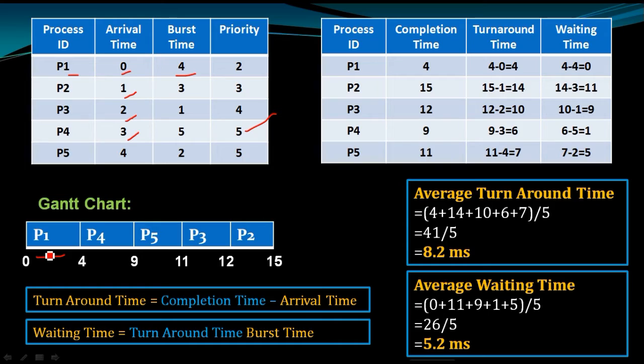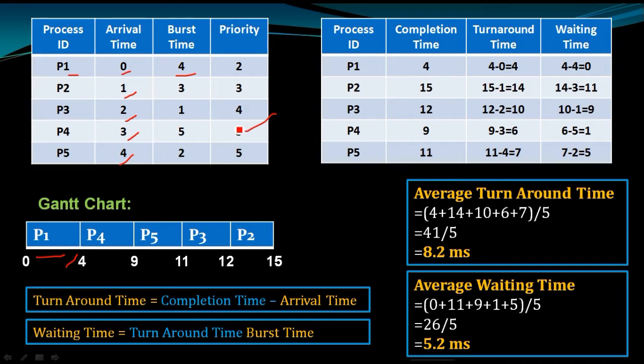In non-preemptive, P1 is not preempted, it completes its burst time. Thereafter, at the 4th millisecond, all the 5 processes are in the queue, right?